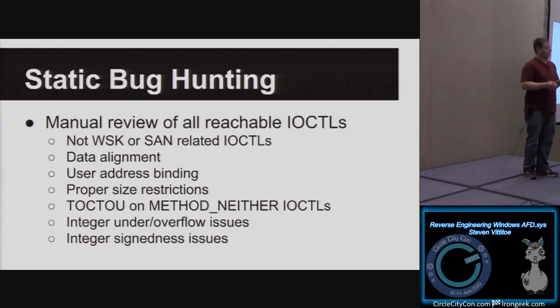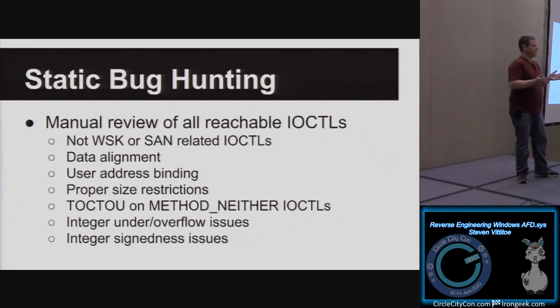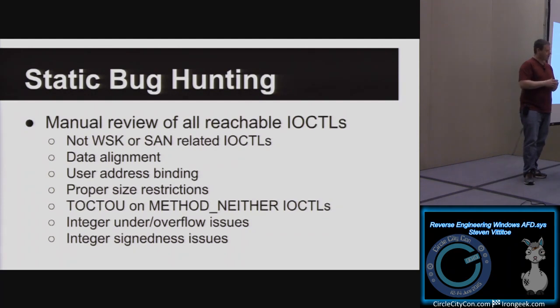Were there proper size restrictions used? Most of these calls limit the amount of data you can pass in to 256 bytes. If you pass in more than that, it kicks you out pretty much the first thing along the way, which is a very effective way of defending a driver. I checked for these time of check, time of use bugs with method neither ioctls. And then the one that hasn't really been automated out of Microsoft code yet is the integer issues.